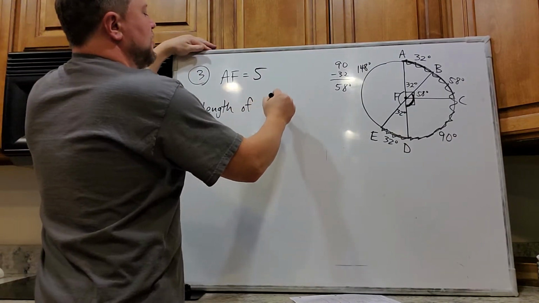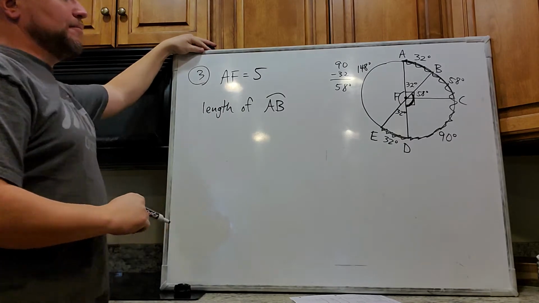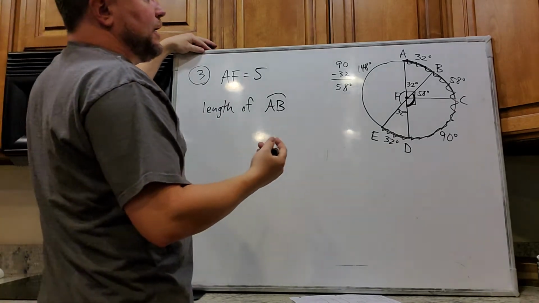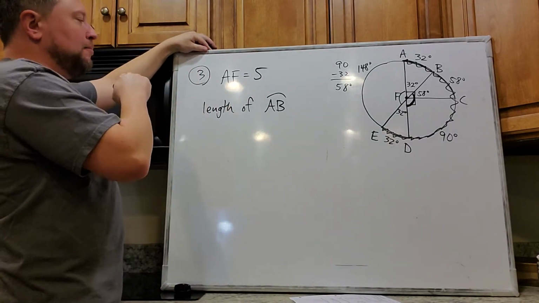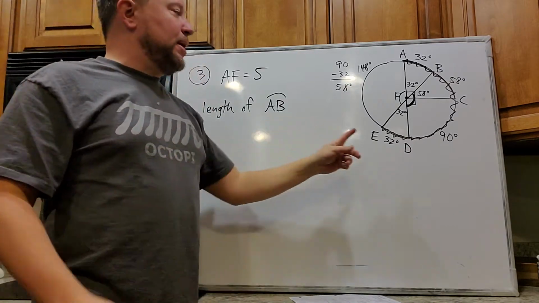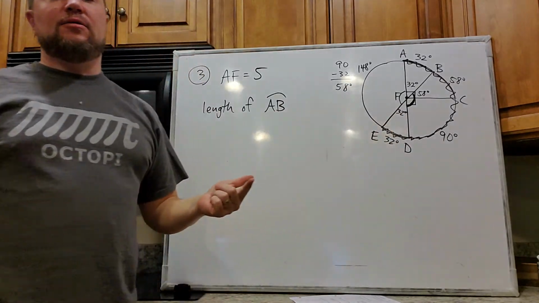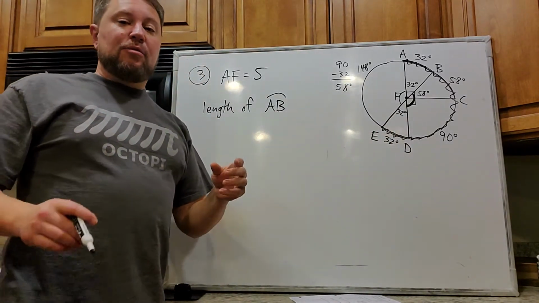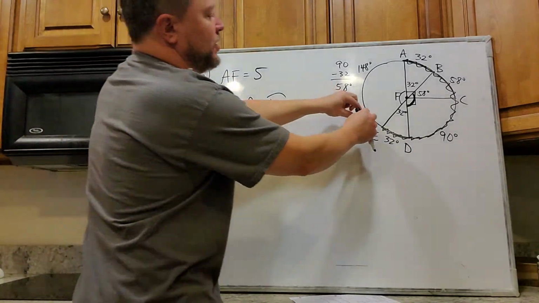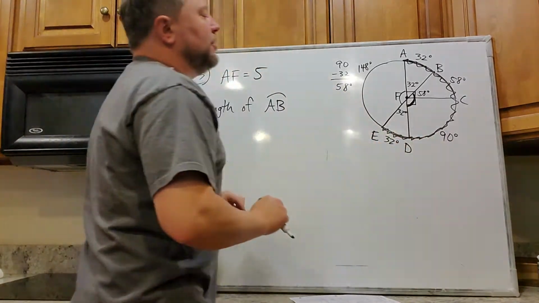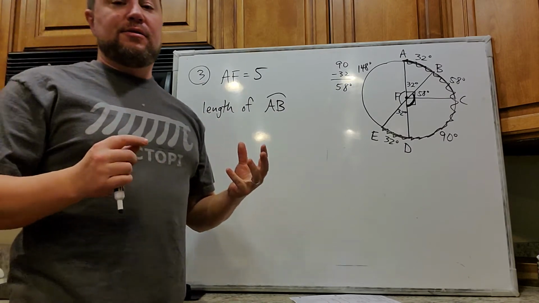Now arc length, keep in mind, is different than arc measure. Measure is in degrees, just like an angle would be. Arc length would literally be if you took a tape measure and measured this to find out how long it is.